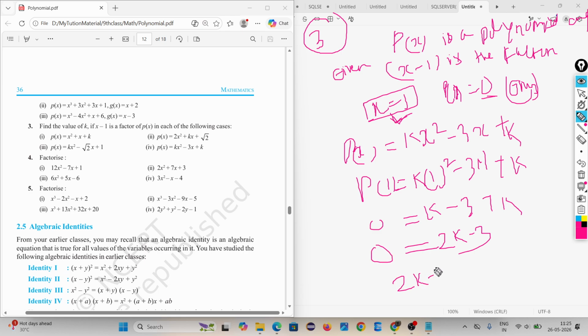So 2k minus 3 equal to 0, 2k equal to 3, k equal to 3 by 2. Okay. Okay, sir.